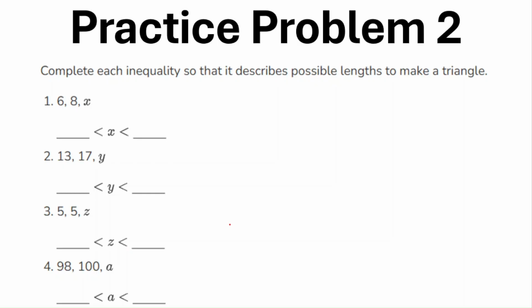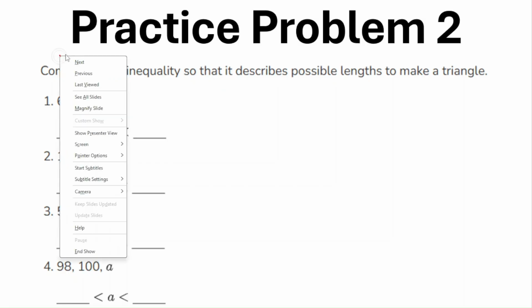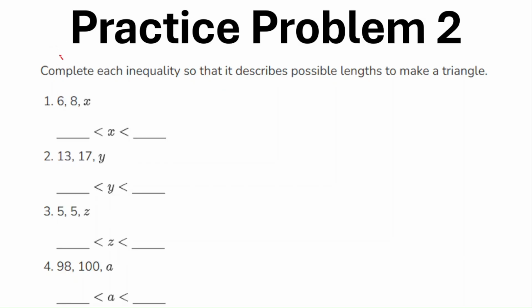The first thing I can do, remember we said 2 different formulas. We said A plus B must be greater than C, and we said that the absolute value of A minus B must be less than C.